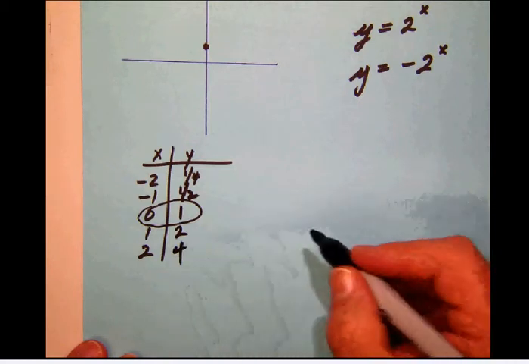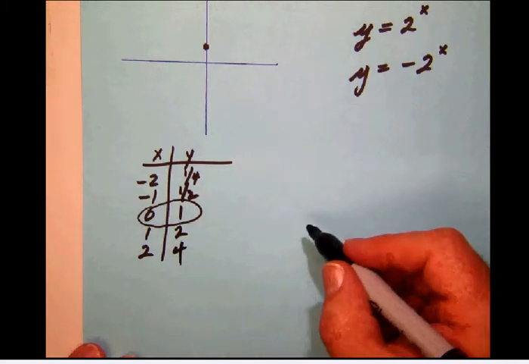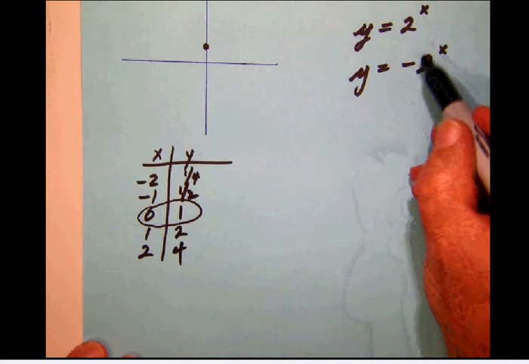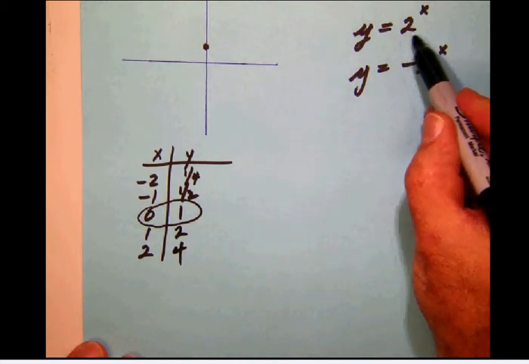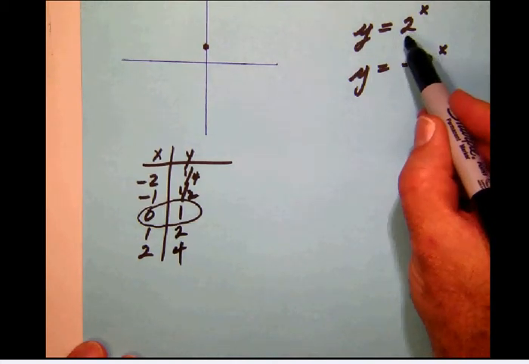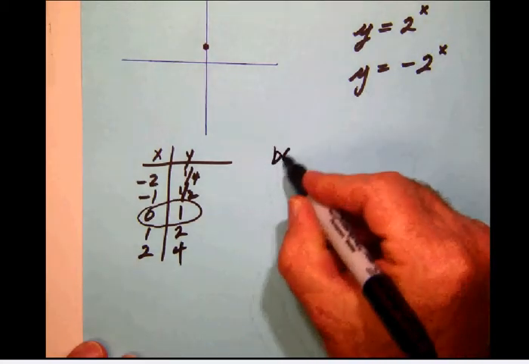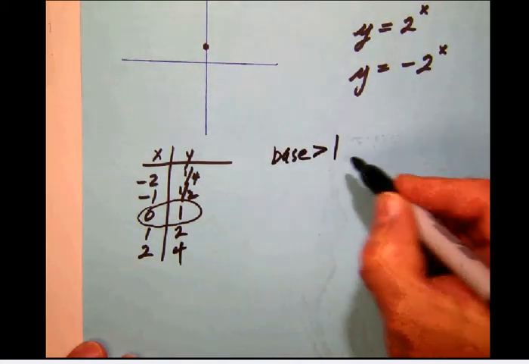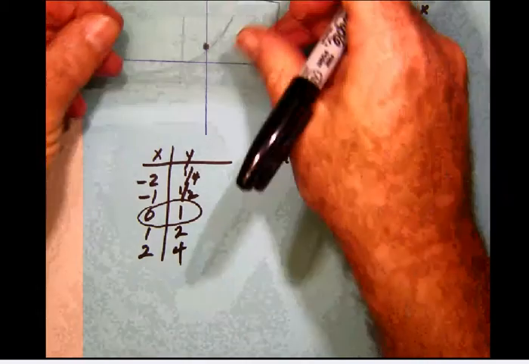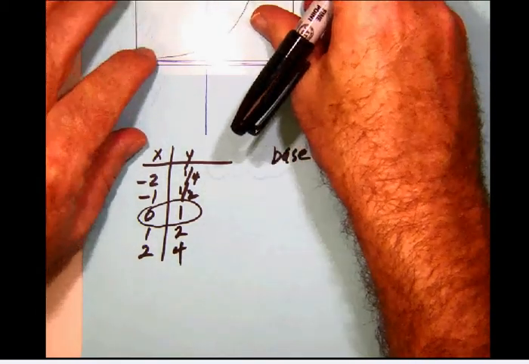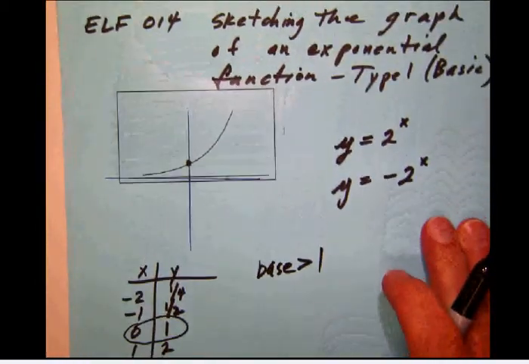So basically, all of these exponential functions, when you have a base that is greater than 1, the graph's going to look like that.